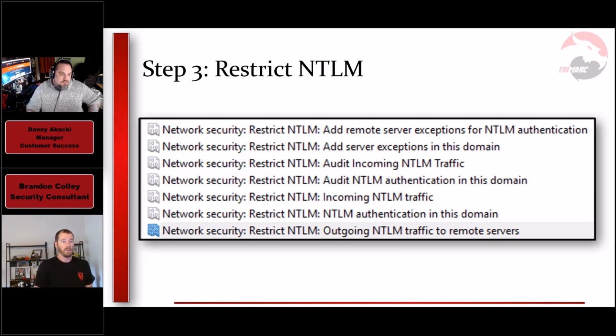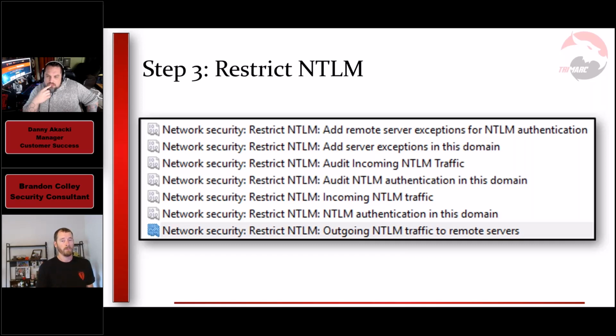And over the last couple of years, Microsoft has really done a good job of adding a lot of these options. So all of these options are for restricting in very specific ways. So you can only impact incoming NTLM. So you can apply this only on domain controllers for incoming or whatever you want to do, right? Then you can also modify how the auditing is occurring.